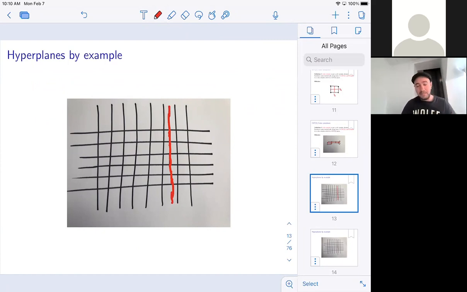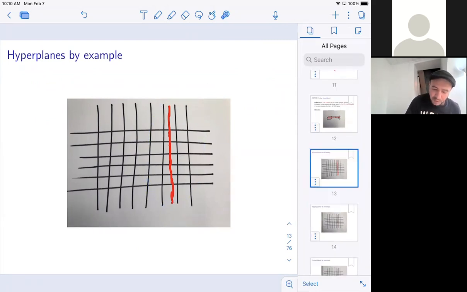Now, anytime you have a hyperplane, as you see in this picture, it cuts your space into two pieces. Maybe I'll call the hyperplane H. I'm going to call this side H plus and this side H minus. H plus for things that live on this side, H minus for things that live on this side.